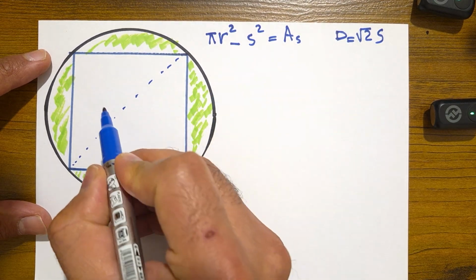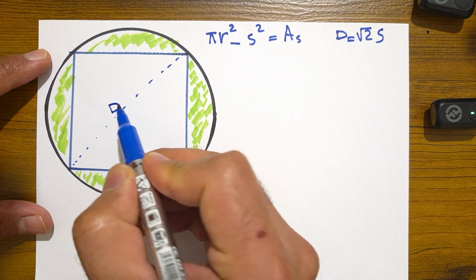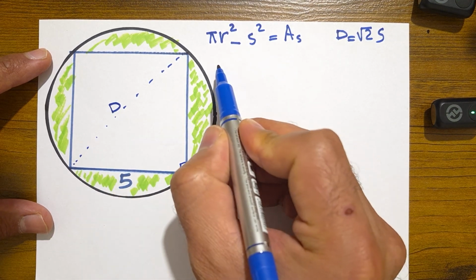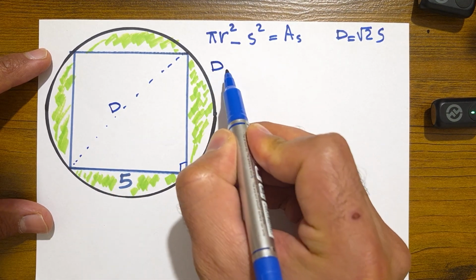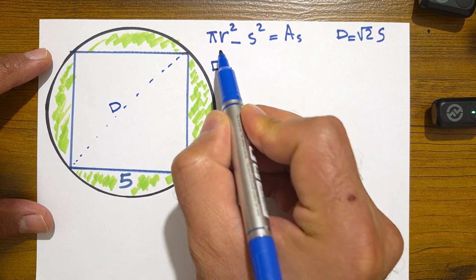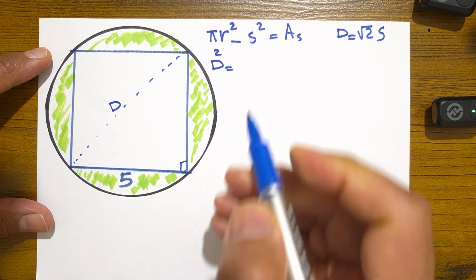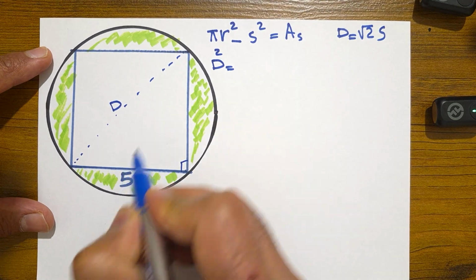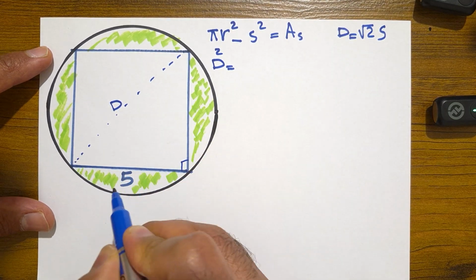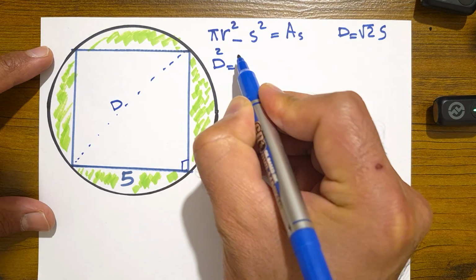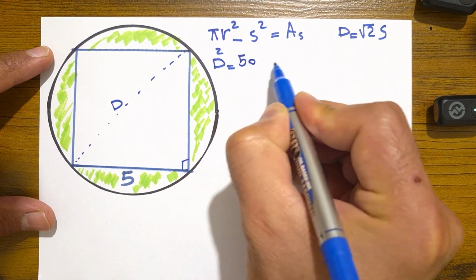So let's just name this diagonal or diameter as D. So based on Pythagoras, D squared, that's the hypotenuse of this right triangle, equals 5 squared plus 5 squared, or 25 plus 25, or 50.